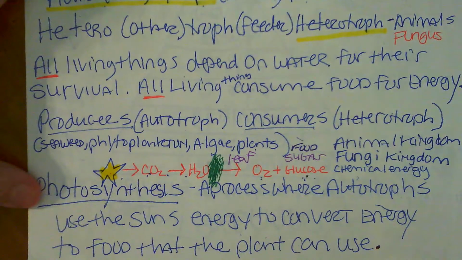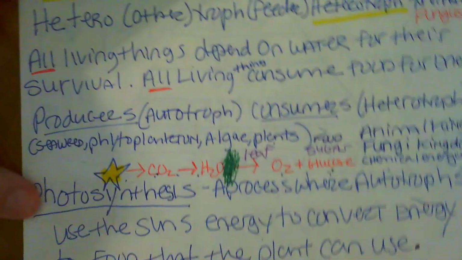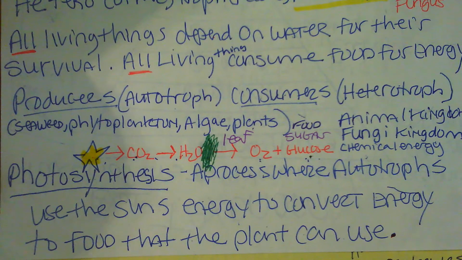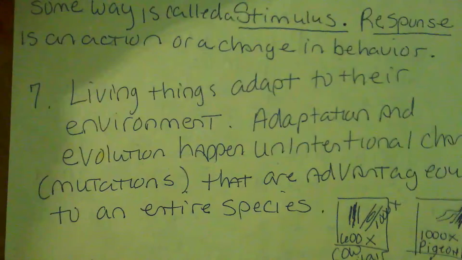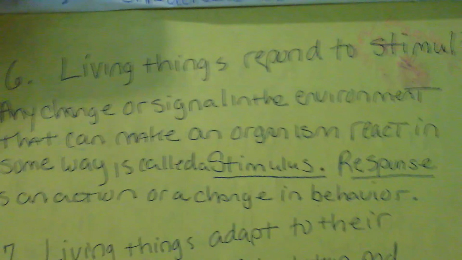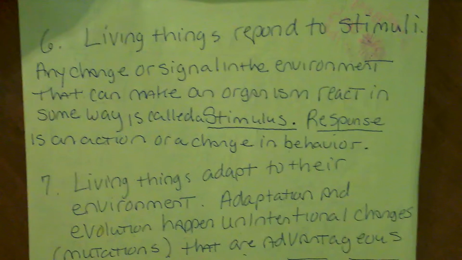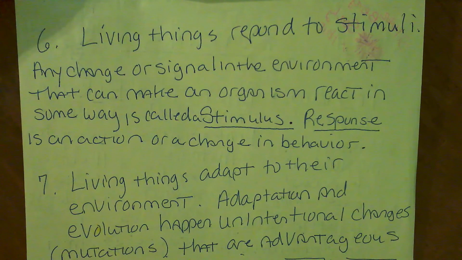Blow this up just a little bit so you can see better. There's your last page there. And then number 6 and number 7 are on the very back flap of your foldable. Number 6 is living things respond to stimuli.